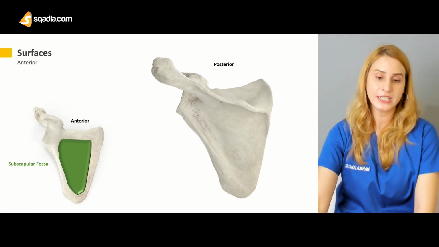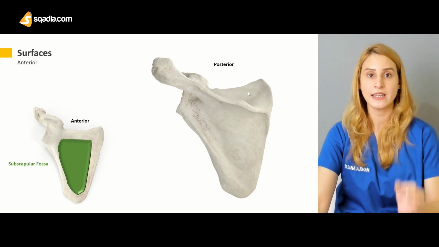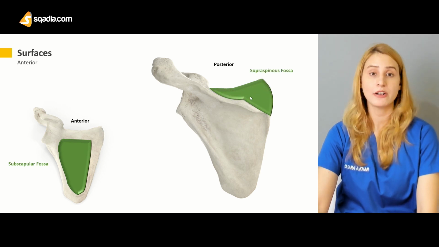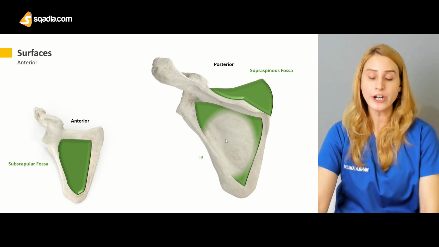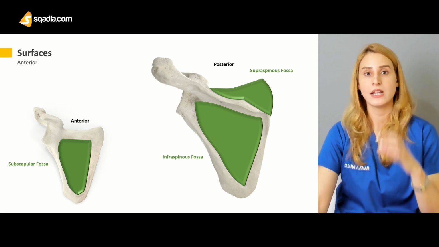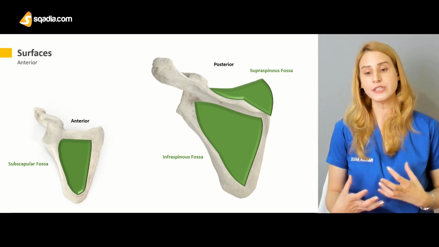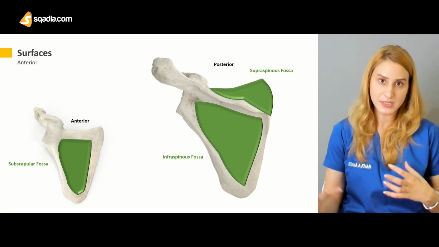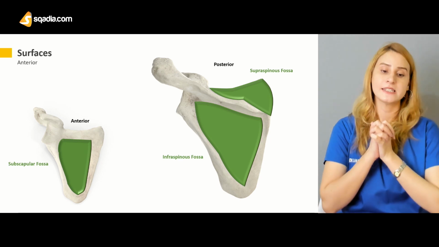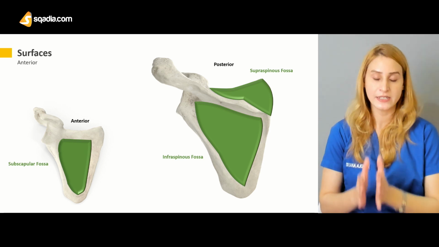The part above the spine of the scapula is called the supraspinous fossa. You can see here, the upper part is the supraspinous fossa. The part below the spine of the scapula is called the infraspinous fossa. These fossae are important because the supraspinatus muscle attaches to the supraspinous fossa, and the infraspinatus muscle attaches to the infraspinous fossa.